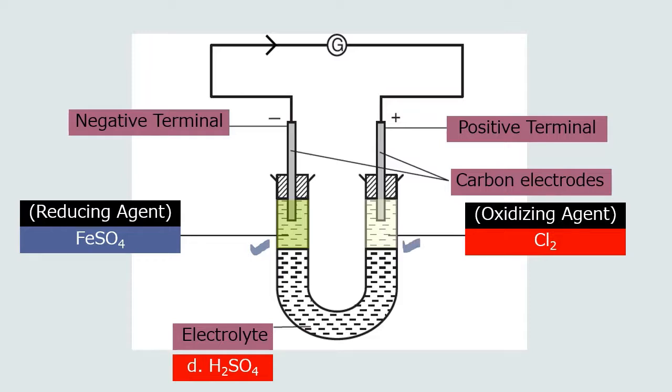During this reaction, the substance that will release electrons is iron(II) ions. The electrons will transfer from iron(II) sulfate solution to chlorine water through the external circuit.